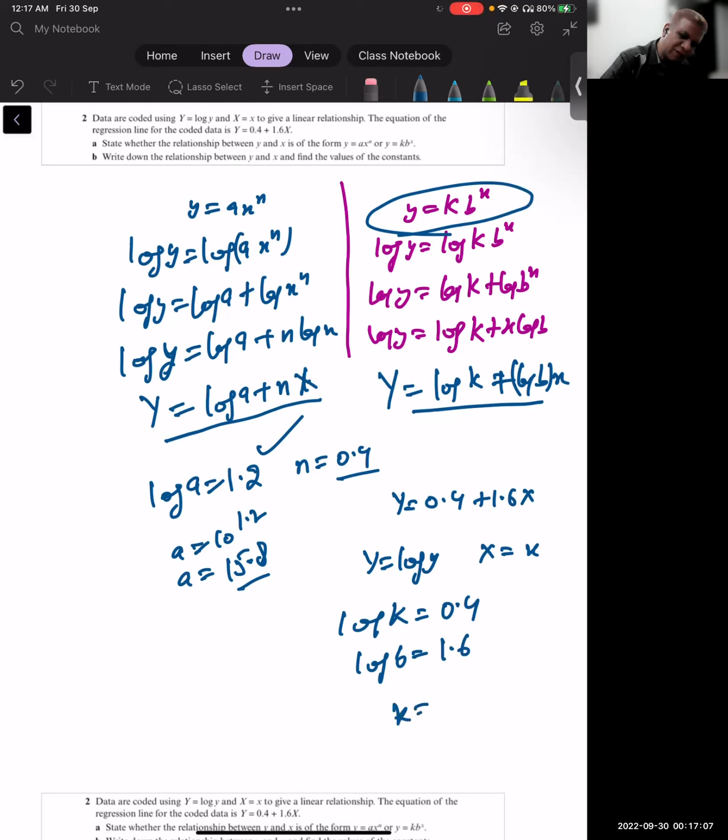So k will be 10 to the power 0.4 and b will be 10 to the power 1.6, and that will be your answer. Done? Okay.